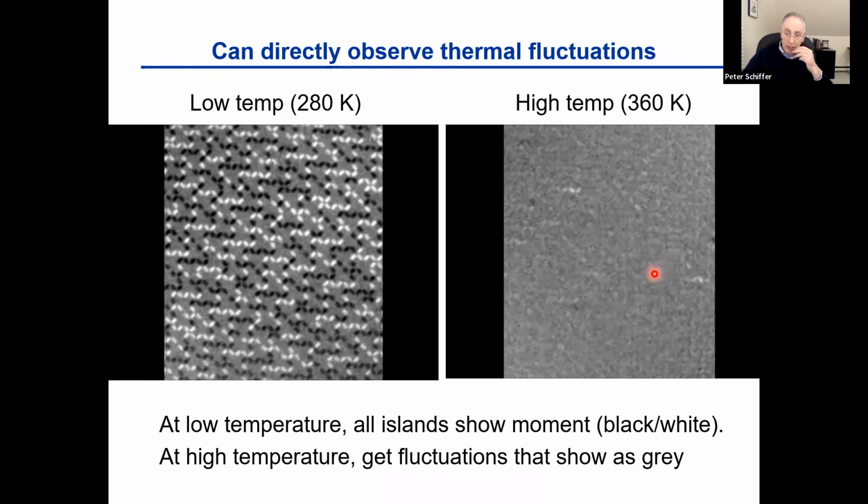And I have to give Laura Heiderman's group and Björgvin, whose last name I have trouble pronouncing, in Uppsala, Laura Heiderman's at PSI, credit for coming up with this sort of technology where it turns out that if you make the islands thin enough, they fluctuate thermally near room temperature. The energy scales are such that they are good single domain ferromagnets, and they are thermally unstable to flipping the moment back and forth.